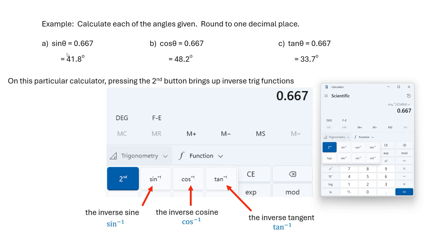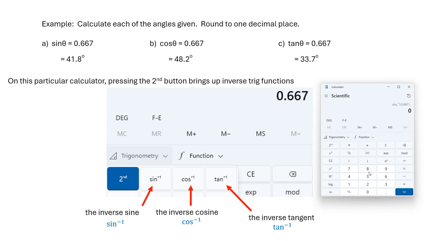So if I want to know what this angle is, I type in 0.667, and then I use the inverse sine feature, and it gives me the actual angle, which is 41.8 degrees, rounded off. Here we're told that the cosine of some angle equals 0.667.